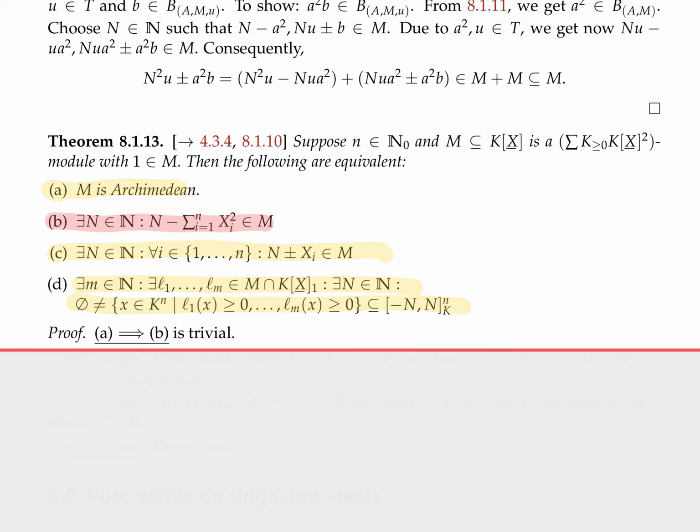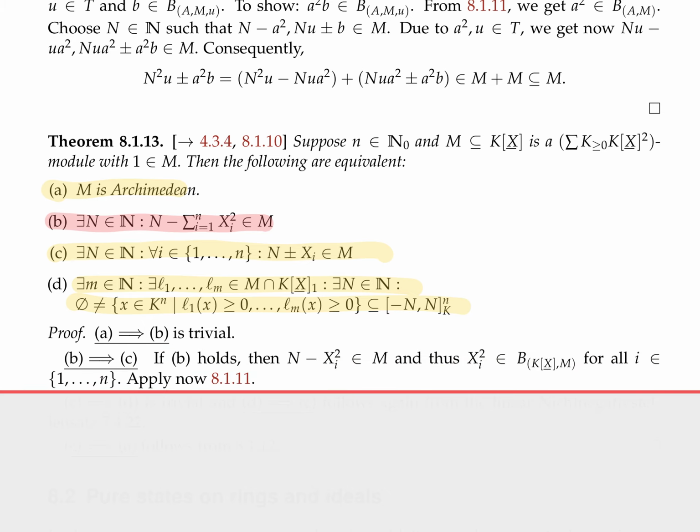Okay, from B to C. If B holds, then N minus x_i squared is in M for each i, because I can just add the sum of the x_j squared where j is different from i, because M contains 1 and therefore contains all squares. Anyway, you have N plus x_i squared in M, because 1 is in M. So x_i squared is arithmetically bounded with respect to M for all i.